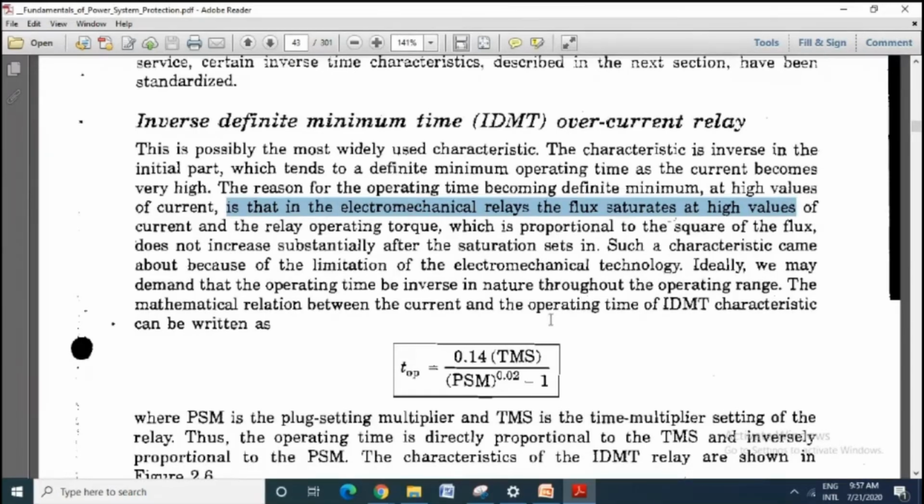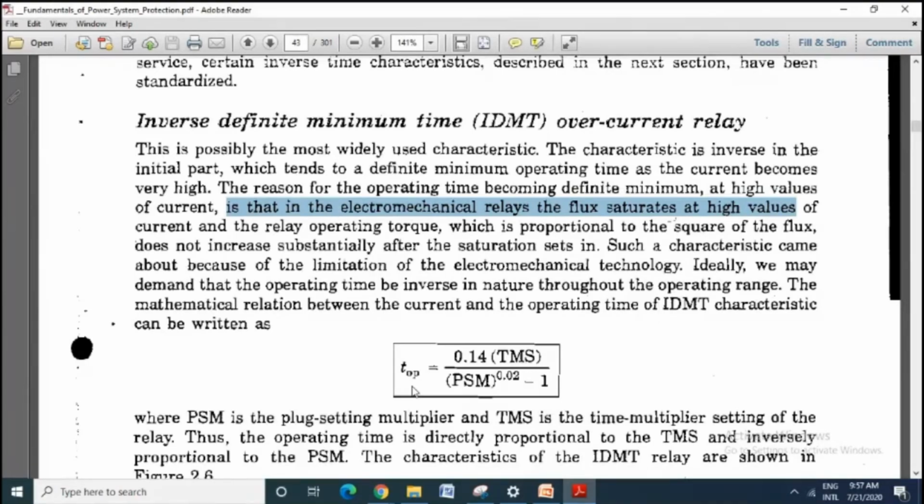water, right? In the same way, the magnetic circuit which we use inside these electromechanical relays or electromechanical instruments has a limitation in accommodating the maximum amount of flux. It can accommodate a certain amount of flux.